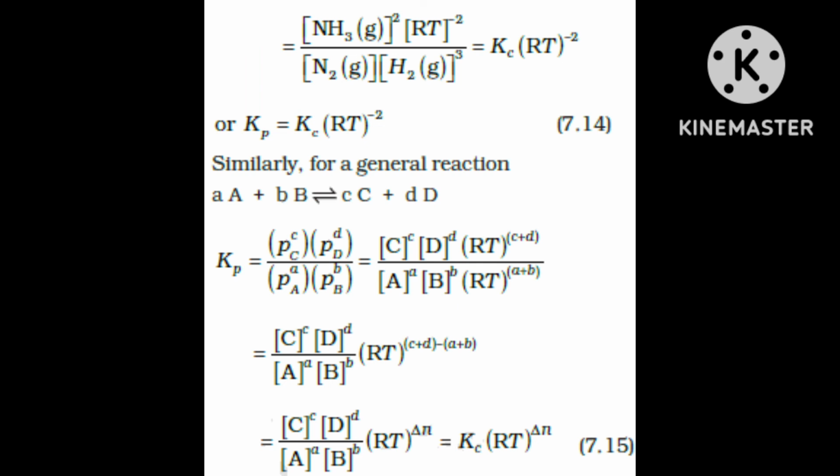Now I am stopping here, and in the next class I will discuss some numericals. That is very, very important. The full equilibrium chapter, like thermodynamics which you have already seen, is full of numericals. So here we will give priority to numericals also.